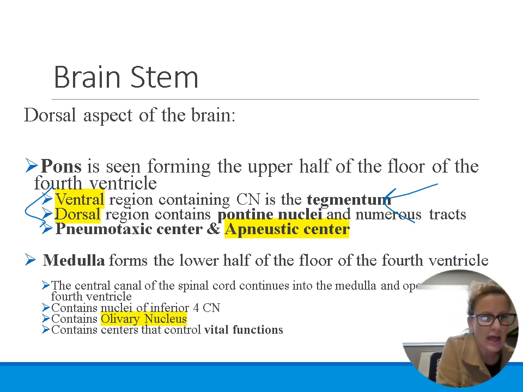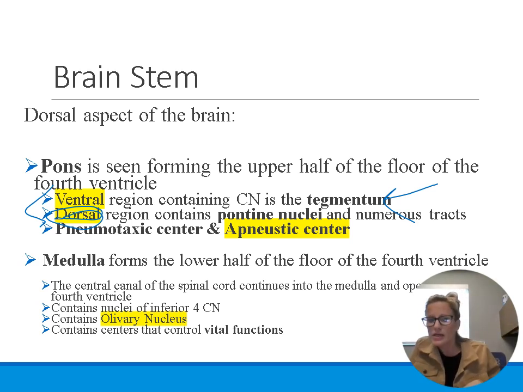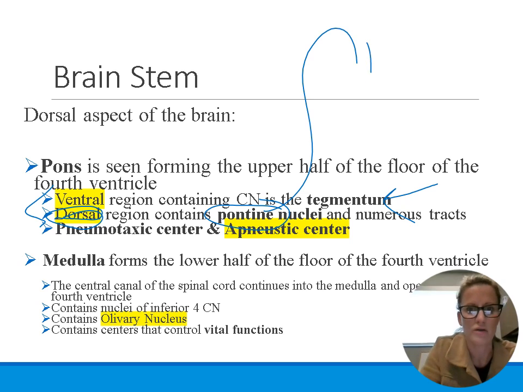The dorsal aspect of the pons, the back of the pons, has the pontine nuclei, and then a bunch of tracts that are passing through it. The pontine nuclei are linked to the cerebellum and are involved in movement.